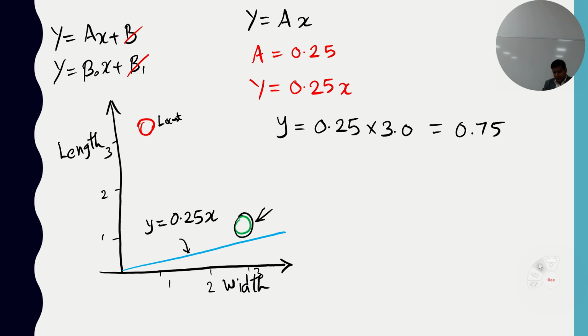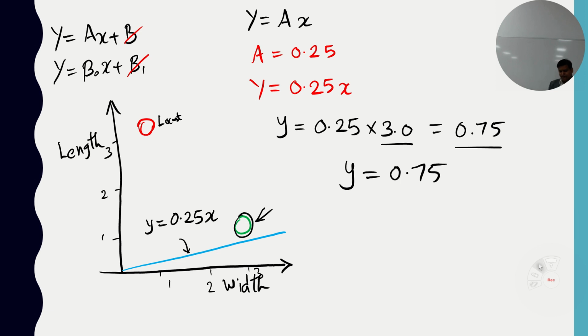Initially we started with a random number, which is 0.25, and we come to know that for this 0.25 with the bug width of 3.0, we got the length as 0.75, because that is your y, right? Y equals 0.75, which is the length, actual length.